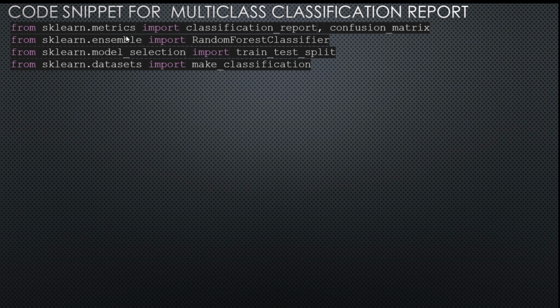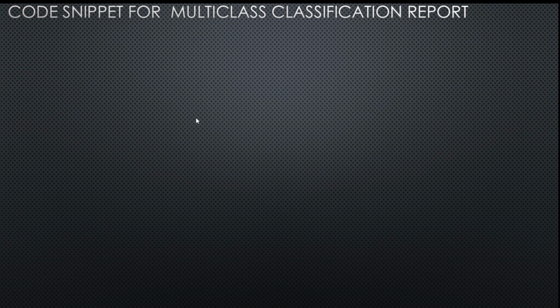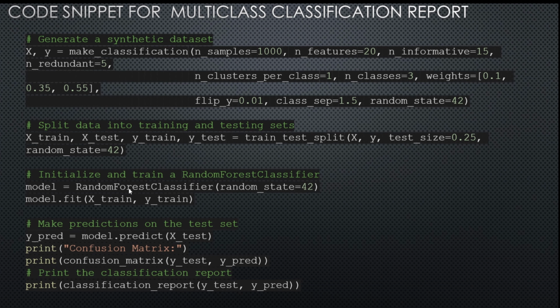How do you apply the confusion matrix concept and calculate the precision and recall for a multi-class scenario? It is basically done by these two libraries, classification report and confusion matrix. What we have done here is create a mock data set. The important thing here is the y-test, which is our label.